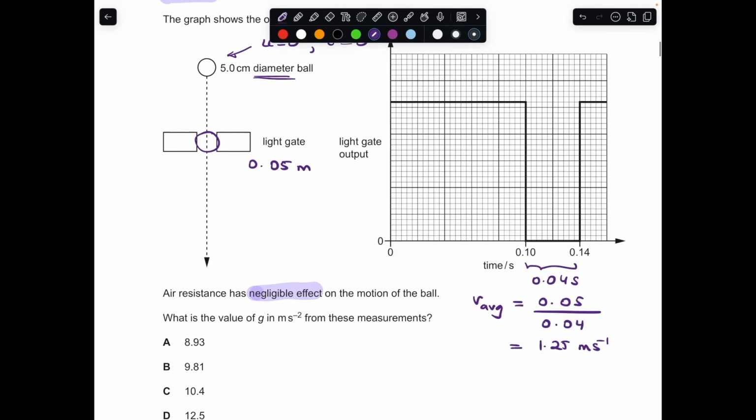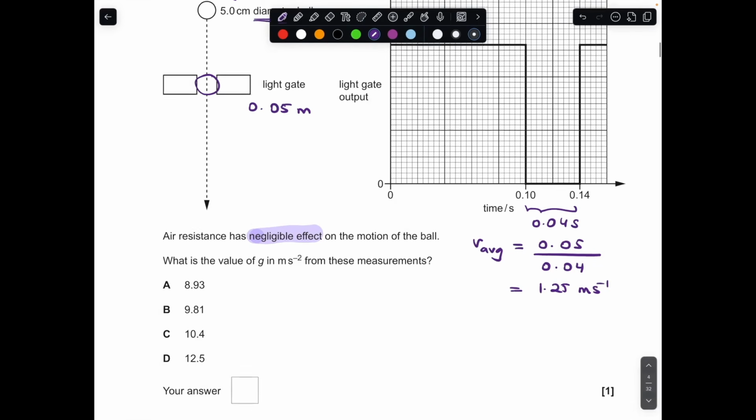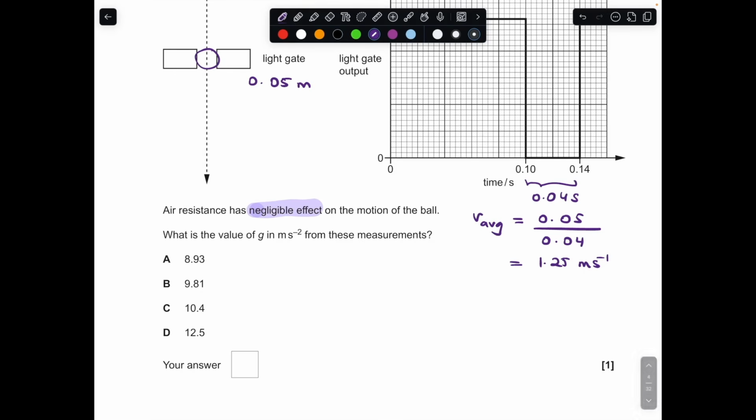Now the second thing is that when it is going through a constant acceleration, the average velocity over a given time period, which is 0.04 seconds, will be equal to the instantaneous velocity at the midpoint of that time interval.